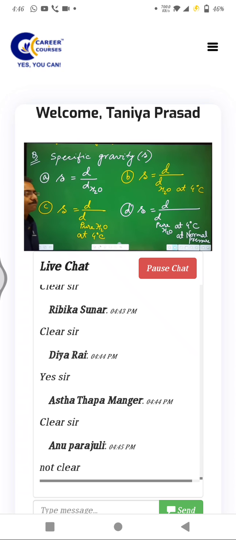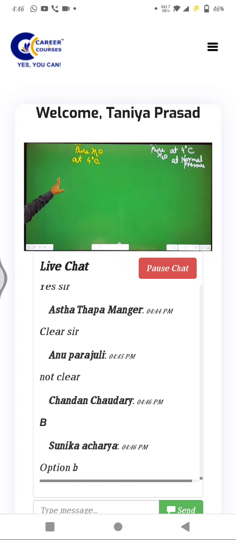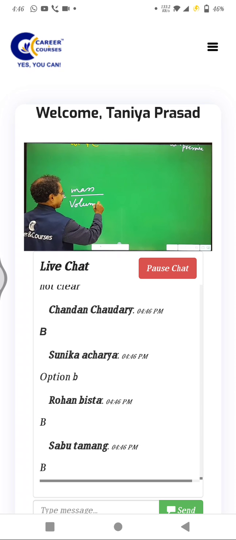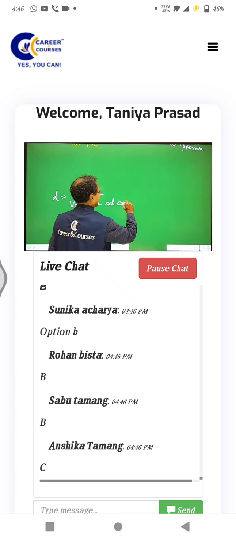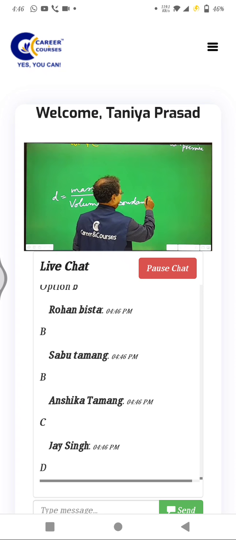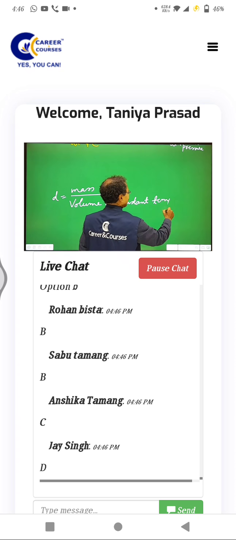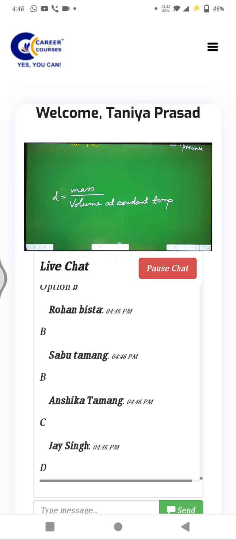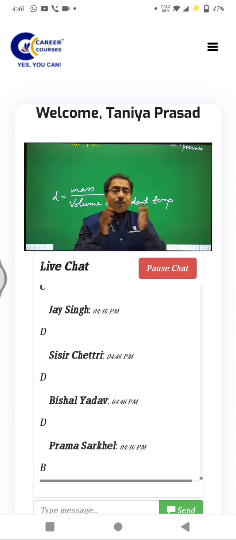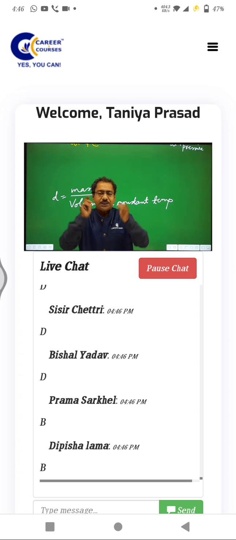Now just see, density means, we all understand, it is the ratio of mass of the body and volume at a given temperature, at constant temperature. Why is the constant temperature required? Because in case of metals, if the temperature increases, generally the volume of the metal increases.